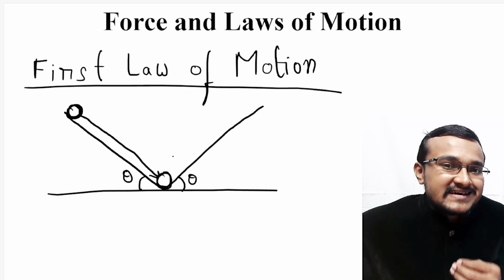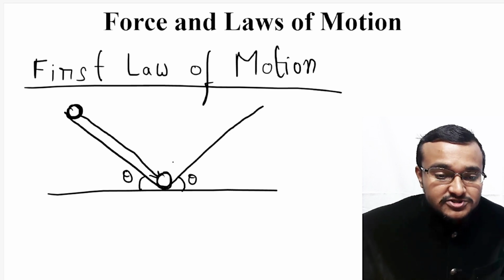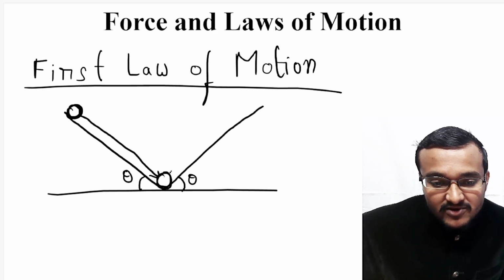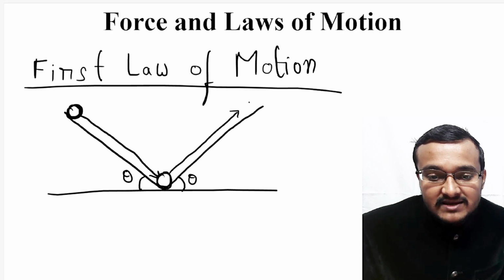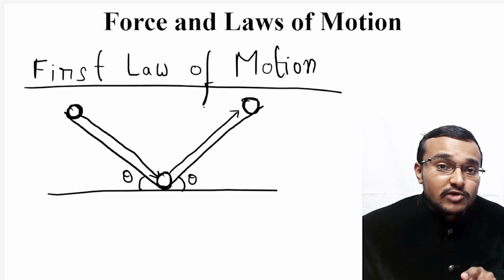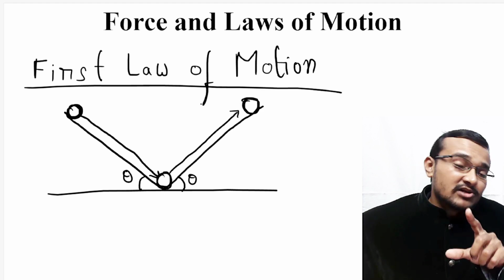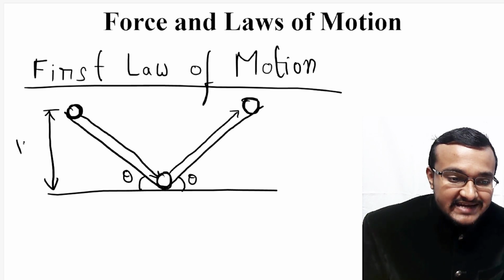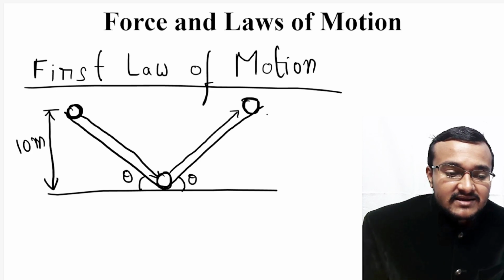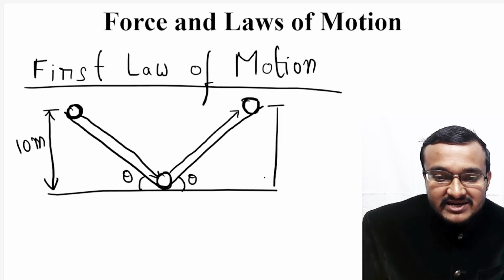Because of this velocity, the marble will again start climbing the other inclined plane and reach the maximum height from which the ball was released. For example, if the ball is released from a height of 10 meters, then it will reach the same 10 meter height on the other inclined plane as well.